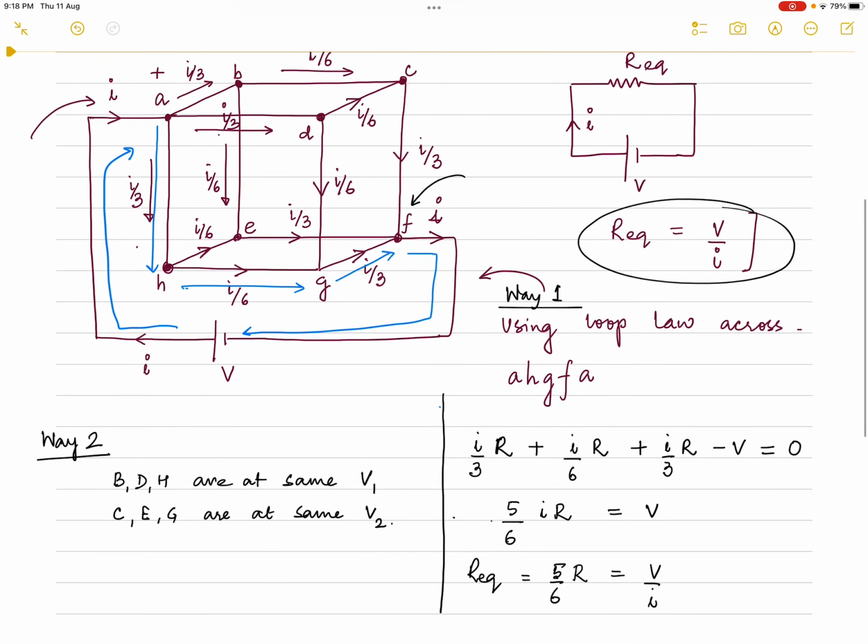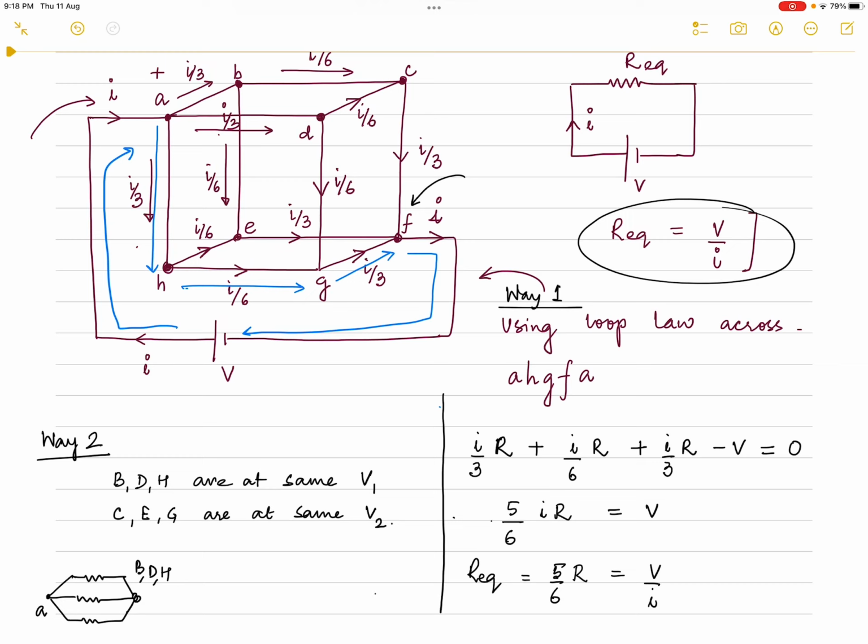Because if I try to redraw this circuit, starting from the point A, I have 3 resistors. One is taking me to the point B, the other one to the point D, and the third resistor to the point H. And we know now that B, D and H are at the same potential, so I can connect those 3 points together to get one single point over here.